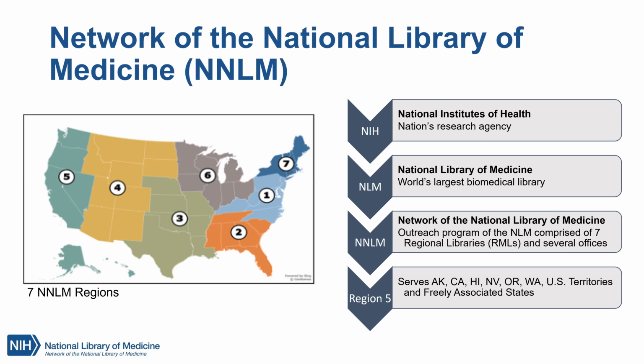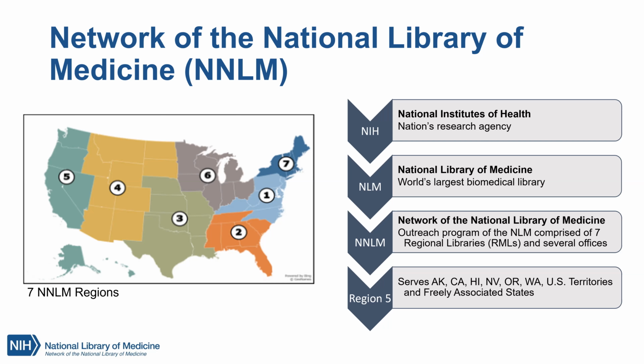The Network of the National Library of Medicine is an outreach program that's funded by the National Library of Medicine, and it's a program that's run regionally. There are 7 different regions throughout the US, and each region is hosted in a health sciences library. I'm based in Region 5, which is hosted at the University of Washington Health Sciences Library.